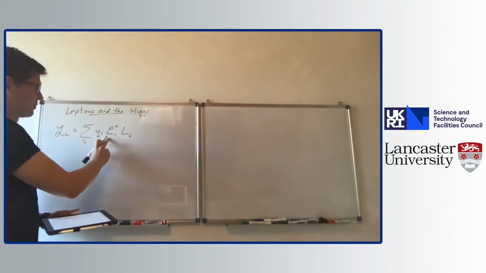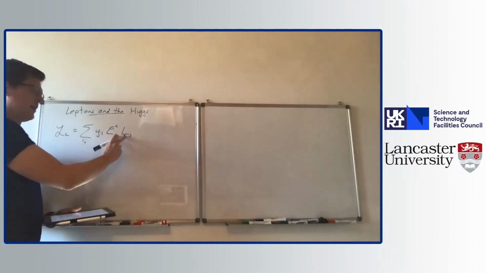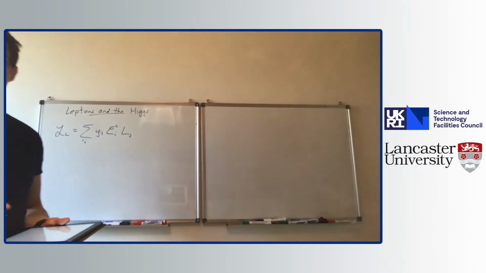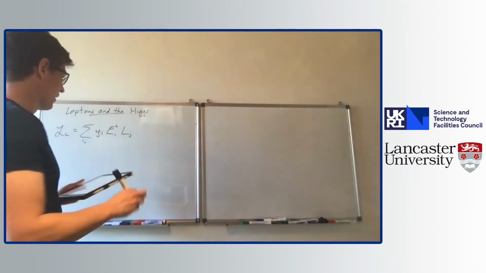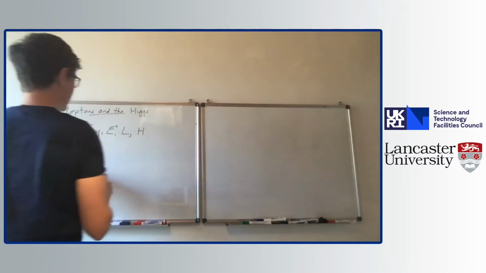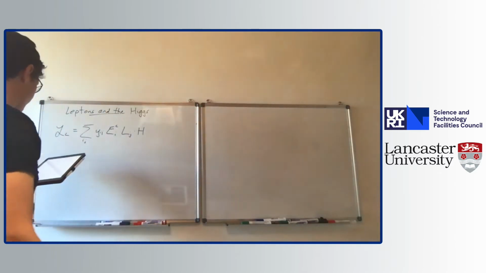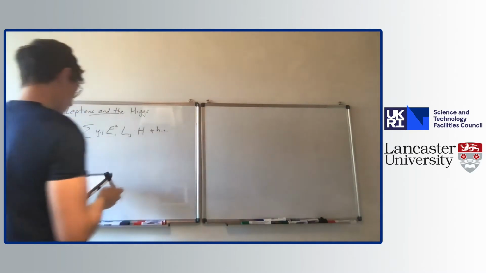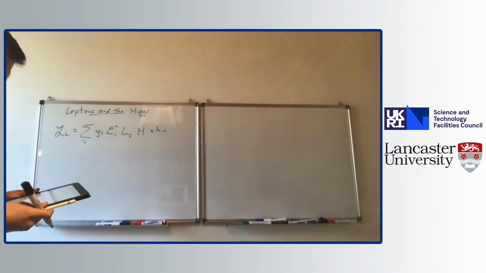So E^c had hypercharge 1, and L had hypercharge -1/2 and was in an SU(2) doublet. And the H also is in an SU(2) doublet with hypercharge 1/2, so they're dotted together. And then usually plus Hermitian conjugate, just to make the whole action Hermitian.